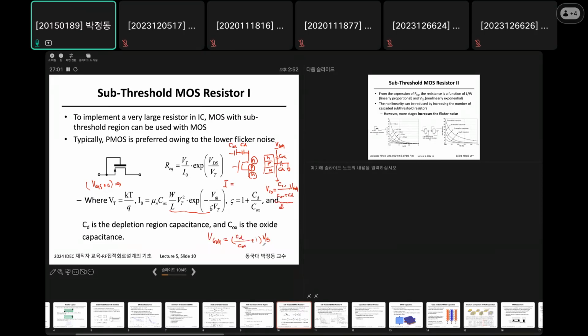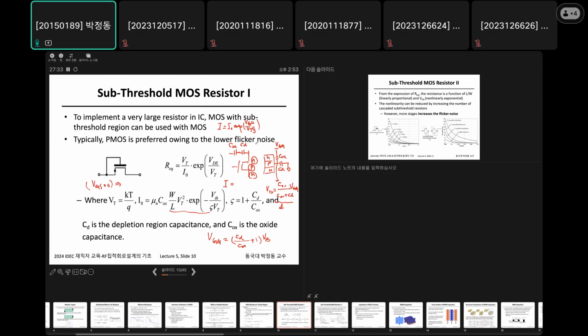So if I express this diode equation, exactly speaking we are talking about the BJT actually, with I0 and exponential in VT and V effective, and zeta here.